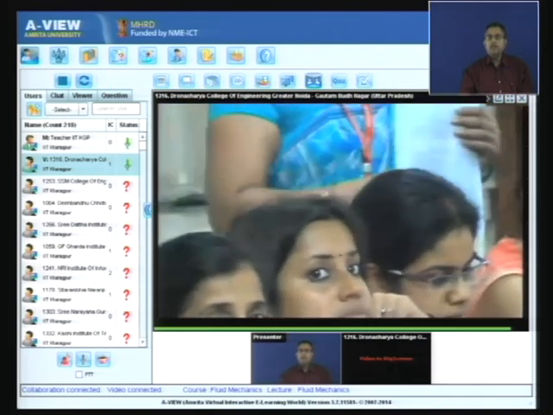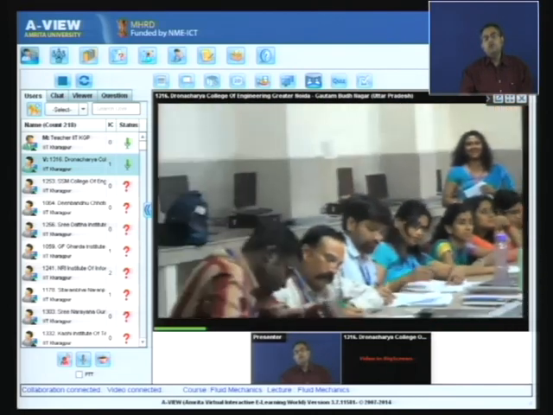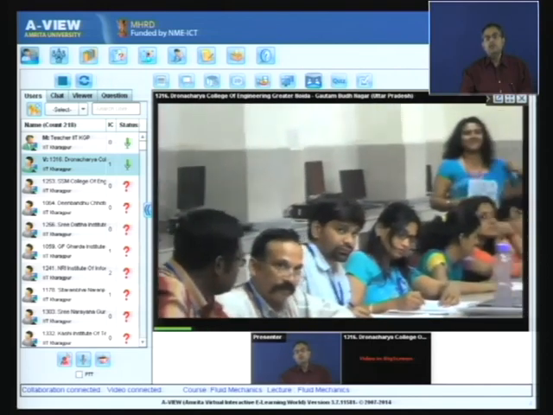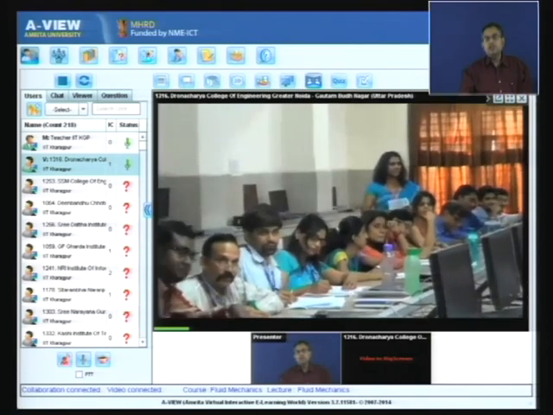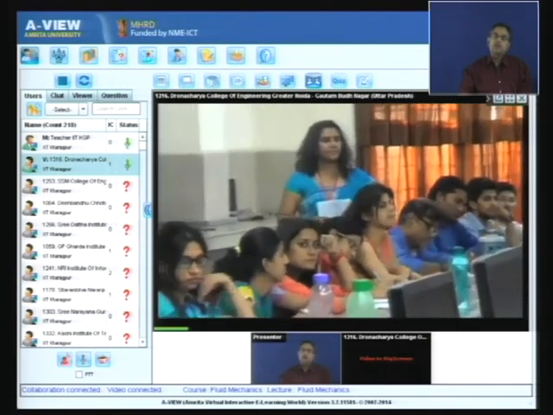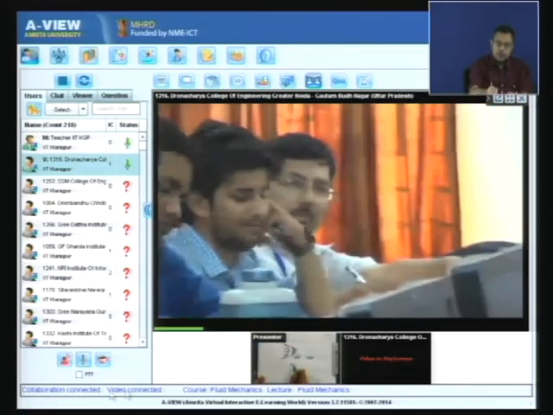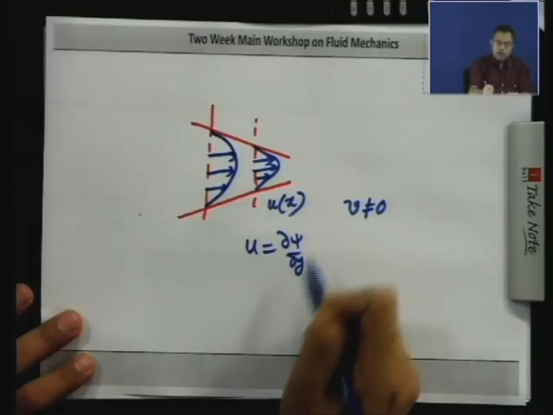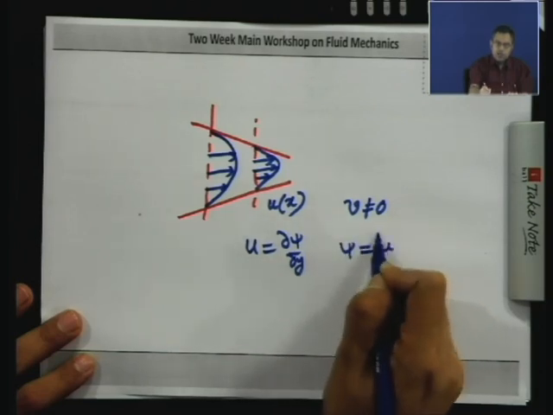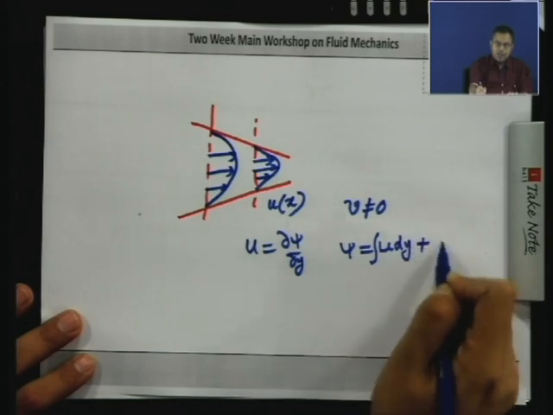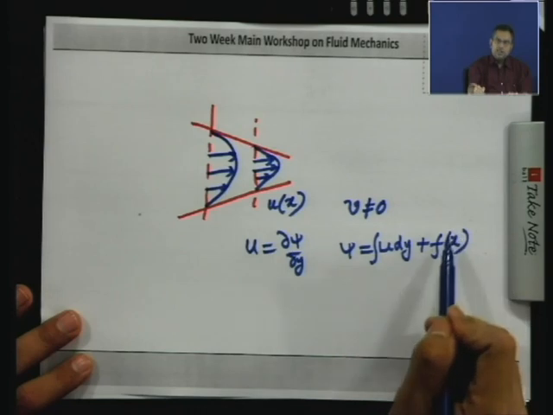In fact, you find out the constants. Remember one very important thing: many books do it wrongly. Please do not read bad quality books which give those as constants. Those are actually functions of x and y, because when you write u equal to del psi del y, then psi is equal to integral of u dy plus a function of x, not a constant. Why is this a function of x?